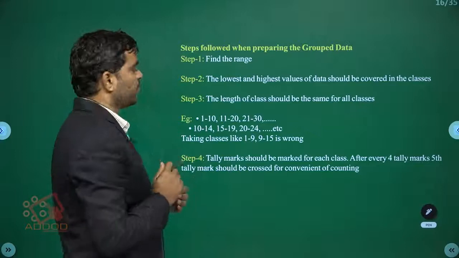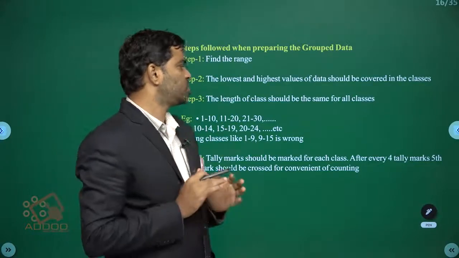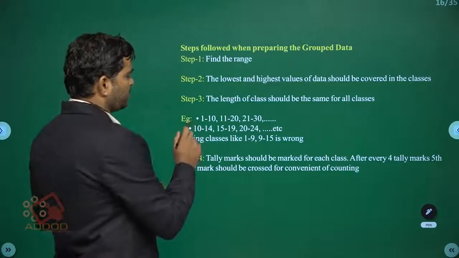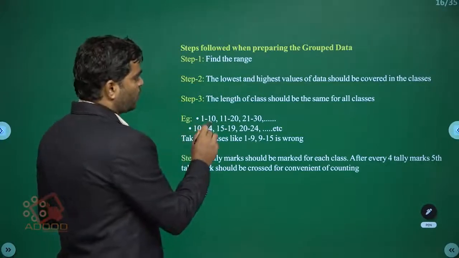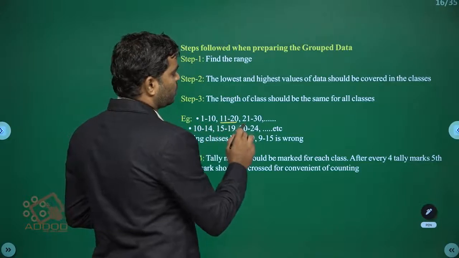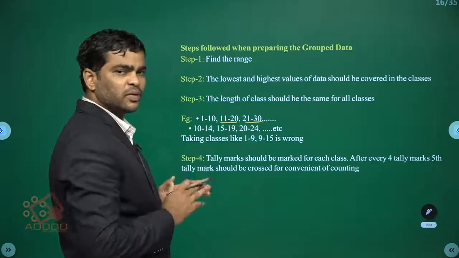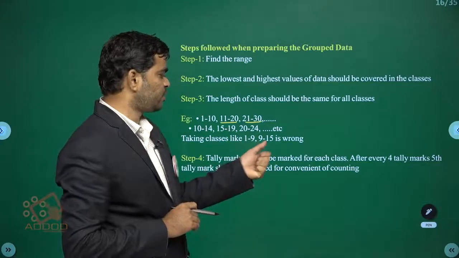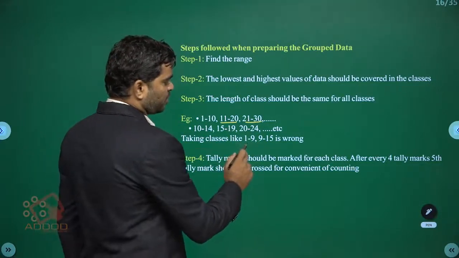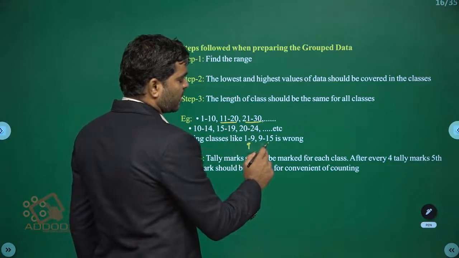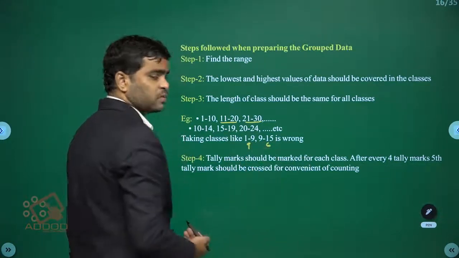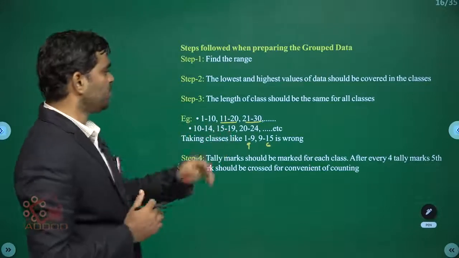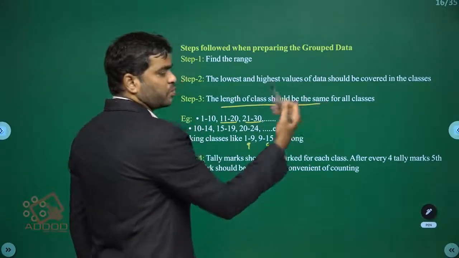Third, the lengths of the classes should be the same for all classes. For example, 1 to 10, 11 to 20, 21 to 30: every class interval has length 10. If you take 1 to 9, 9 to 15, the lengths differ, so it is wrong. You have to take it uniformly; the length of the class should be the same.